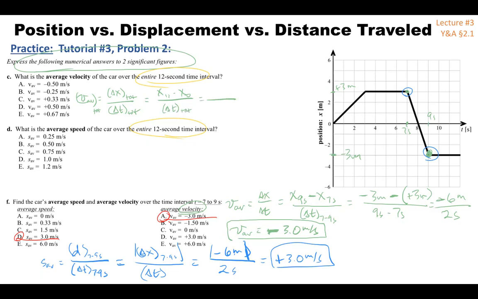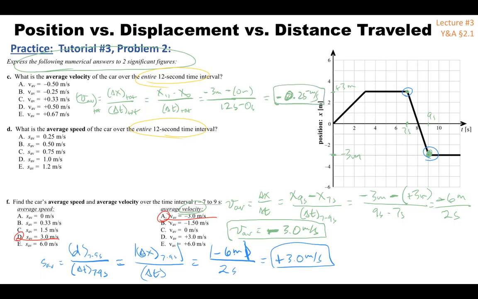Looking at my graph, I can see that the position at the very end is -3 meters. The position at the start is 0 meters. And the entire time interval is 12 seconds, 12 minus 0, right? So that's going to be equal to -0.25 meters per second.